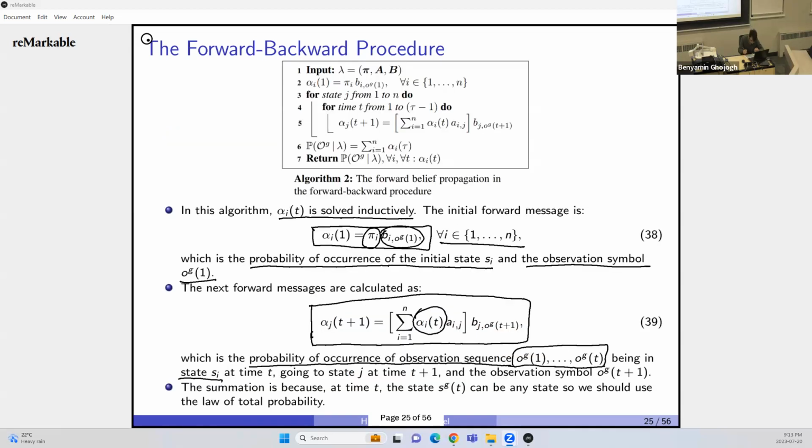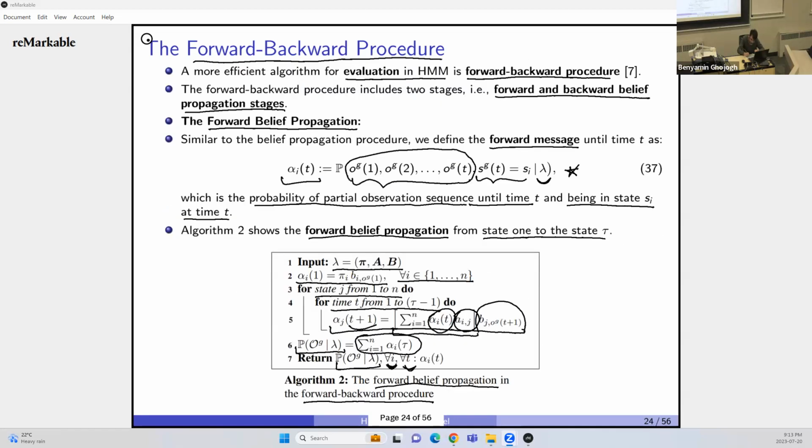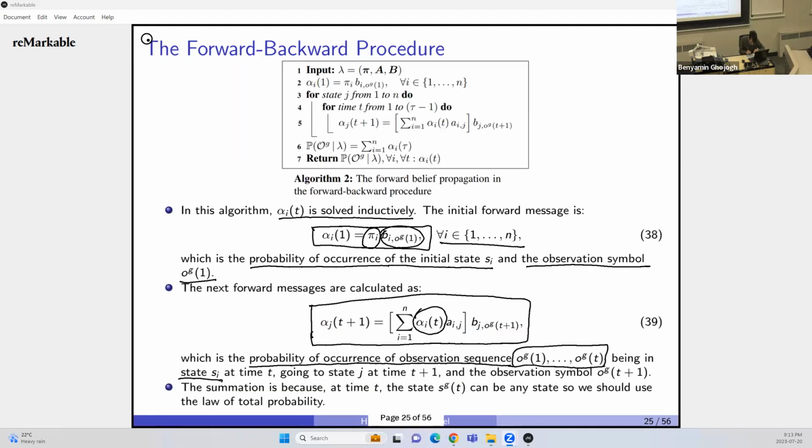And also being in a state Si according to alpha i t, right? At time t. Going to a state j at time t plus 1 because of this aij, and the observation symbol Ot plus 1 because of this bj Ot plus 1.